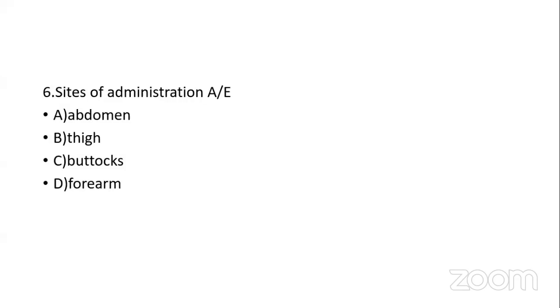But if you're getting frequent doses, we can probably use other areas also, like the buttocks and upper arm. We can keep it as a last resort, but most often thighs and the abdomen. If you give it in the same place frequently, you'll get what is called lipodystrophy. We can avoid that by using multiple sites at different points of time, rotation of the sites.